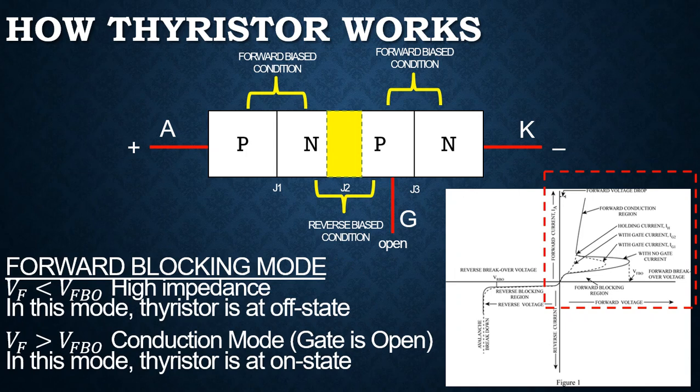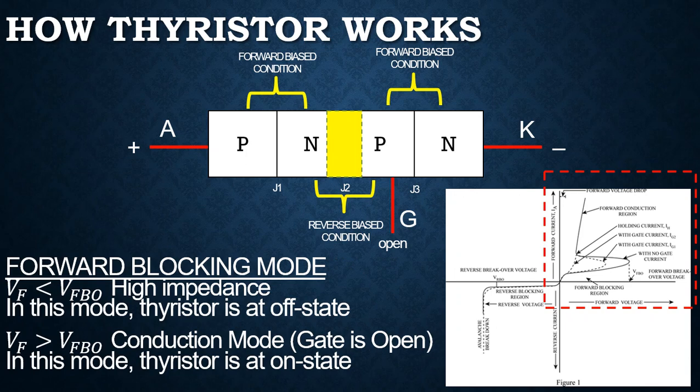So, anong gagawin natin to turn on the thyristor? Increase the forward voltage. When the forward voltage is greater than forward breakover voltage, thyristor is at on state kahit open ang gate.